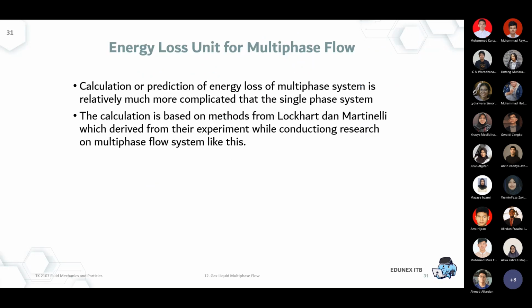Okay, now this is the last part, again about the energy loss or the pressure drop. The first thing you have to be aware of is that the pressure drop for a mixed gas and liquid flow will be much bigger than the pressure drop for a single liquid flow or a single vapor flow.